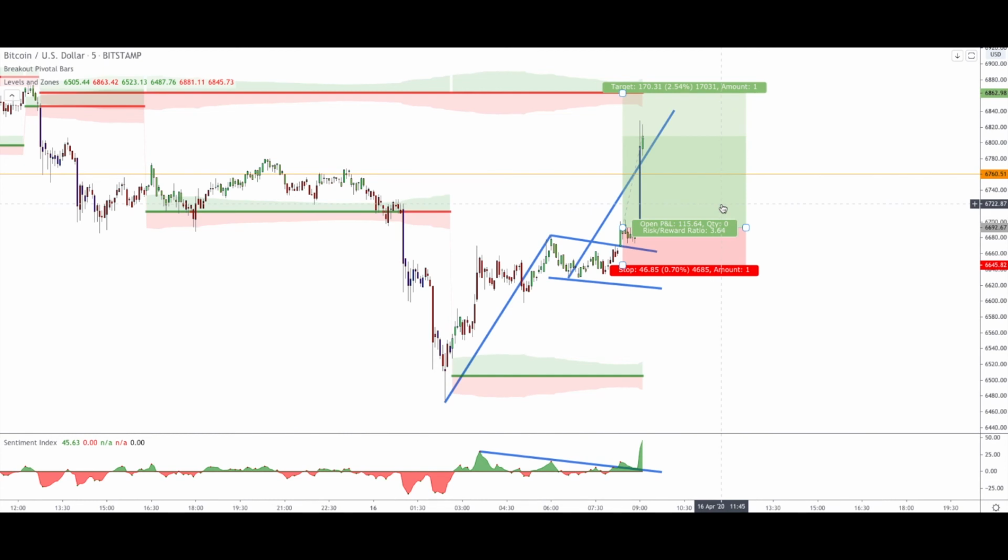It's more than 1-to-1, which is still okay if the price retraces. I'm not expecting it to retrace, but it might, so I am very generous with my break-even level, so I move it almost halfway into the target, the new target. Let's see what happens now.